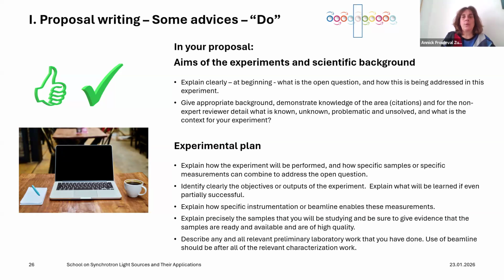This is something important. This is to show that you already know your sample with conventional techniques, and that providing you with granted beam time will be a success. And this is what you need to show in your proposal.